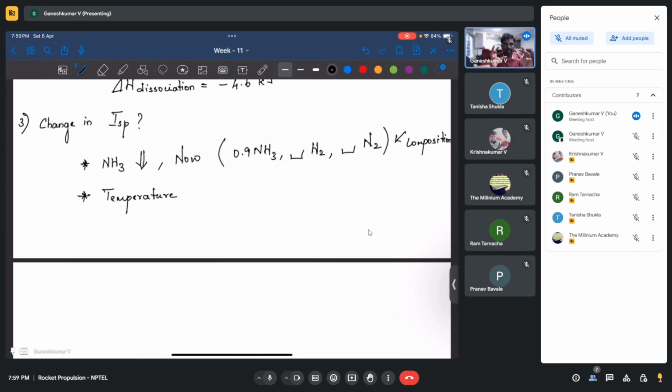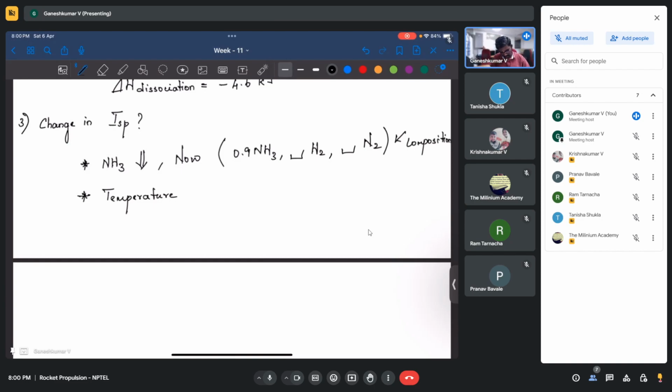So if the gas mixture is at 1400 Kelvin or 1300 Kelvin, because of dissociation the temperature is going to reduce to some 1100 Kelvin or 1200 Kelvin. And if the temperature in the chamber reduces, the exit nozzle velocity reduces. If the velocity reduces, your ISP reduces, thrust reduces. So all your performance is going to get lost because of the dissociation happening in the chamber.